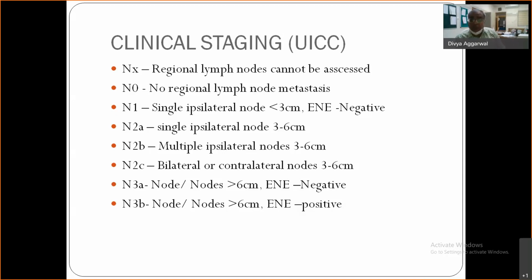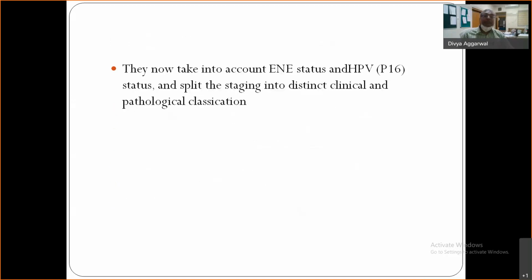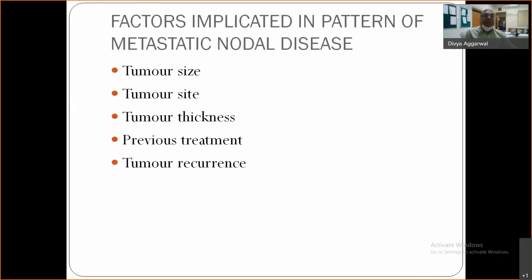So this is a new addition. You should know this. So they now take into account the extranodal extension status and the HPV status and split the staging into distinct clinical and pathological classification.